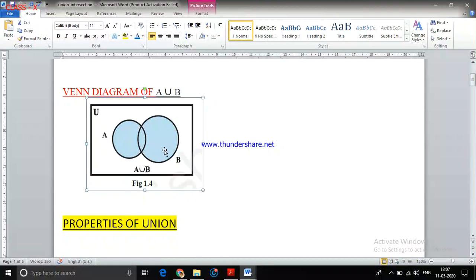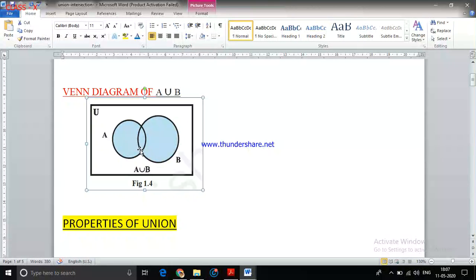Similarly, when I say n of B, number of elements in B, then I have to consider the circle B. This complete circle B I have to consider. Complete circle B means the second time this intersection part is also included. So the A intersection B part is included in n of A, and this part is also included in n of B. That means this intersection part is included twice.